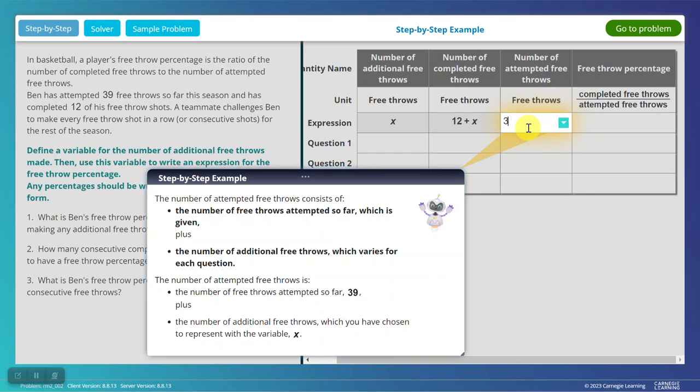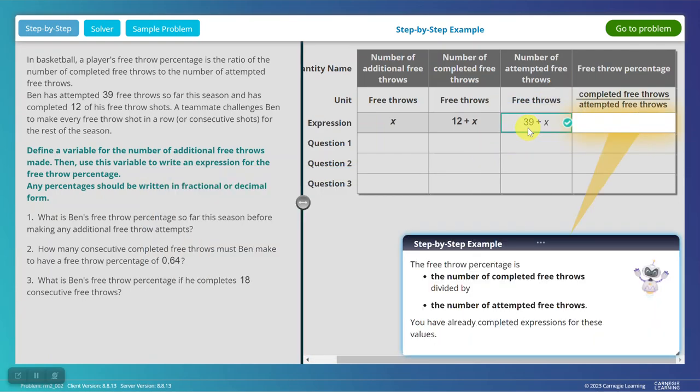So we're going to do 39 plus x. Okay, and so we need to write a ratio to create a percentage. We're going to do a little division. So let's divide the number of completed free throws. Oops, let's do the division first. So we can type the whole thing, 12 plus x, divided by 39 plus x.